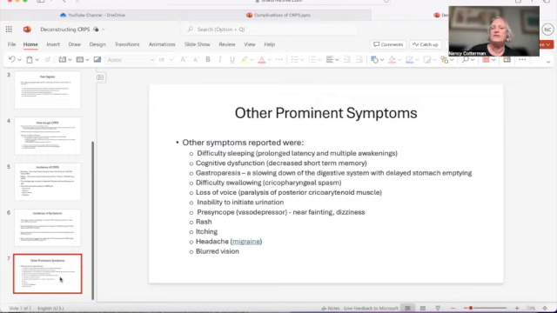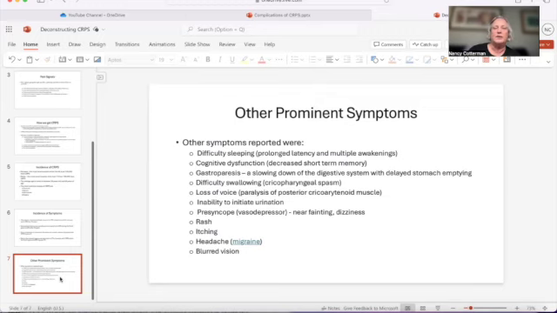Gastroparesis, a slowing down of the digestive system with delayed stomach emptying. And this can vary from just having some nausea and being able to still eat to requiring a feeding tube to bypass the stomach and go into the jejunum to receive a formula feeding.